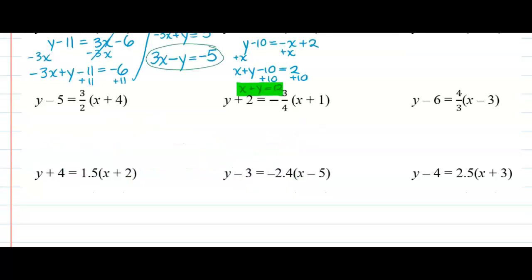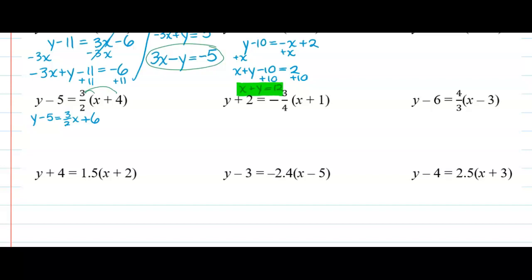Let's look at this one because we're going to end up with a fraction, since we're starting with a fraction. Y minus 5 equals 3/2 x plus 3 times 4 makes 12 divided by 2 is 6. I cannot have fractions.